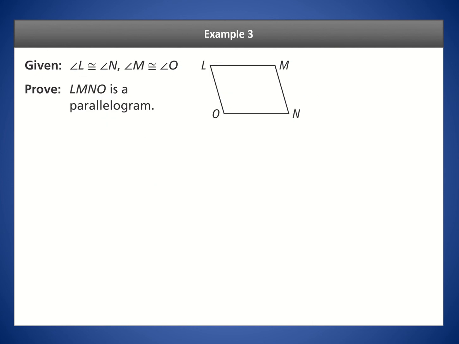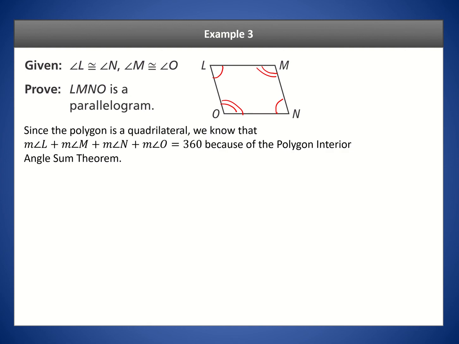Okay, so now let's prove the other theorem, the converse of theorem, I believe it was 6.8. We want to prove that if we know that the opposite angles are congruent, then we have a parallelogram on our hands. Since we know that the polygon is a quadrilateral, the interior angles have to add up to 360 because of the polygon interior angle sum theorem.